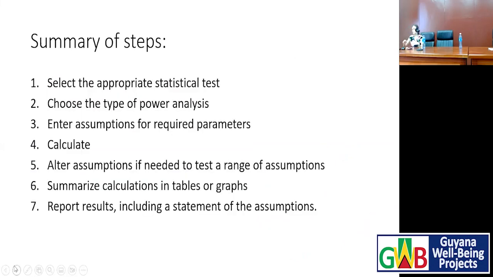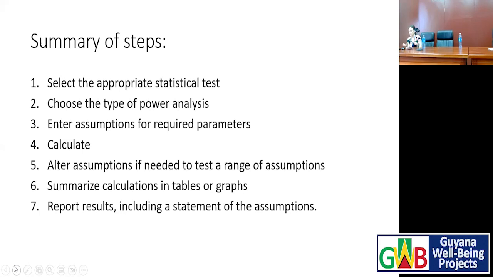Okay, so to wrap up, a summary of the steps that we'll go through to do power calculations. One, we're going to start by selecting the appropriate statistical test. Two, we're going to choose the type of power analysis, which parameter do we want to estimate, and which ones we are going to assume.